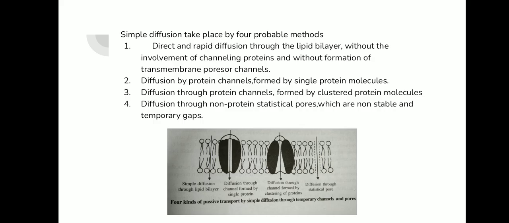Simple diffusion takes place by four probable methods. One, direct and rapid diffusion through the lipid bilayer. Two, diffusion by protein channels. Three, diffusion through protein channels formed by clustered protein molecules. And four, diffusion through non-protein statistical pores, which are non-stable and temporary gaps.